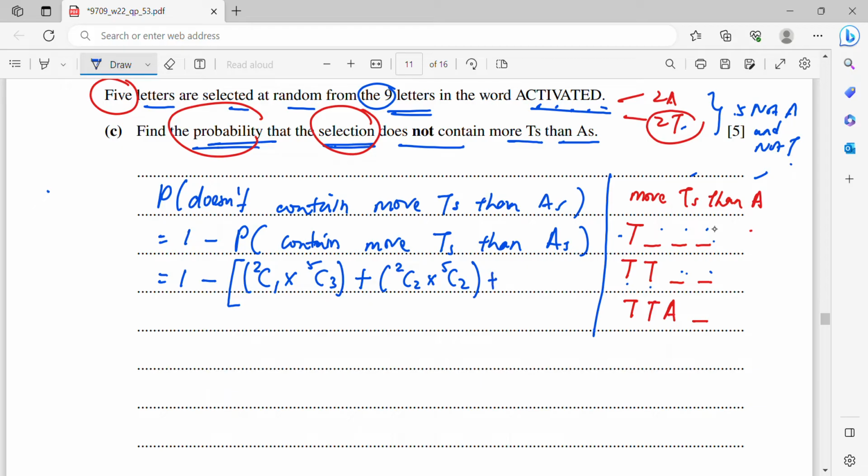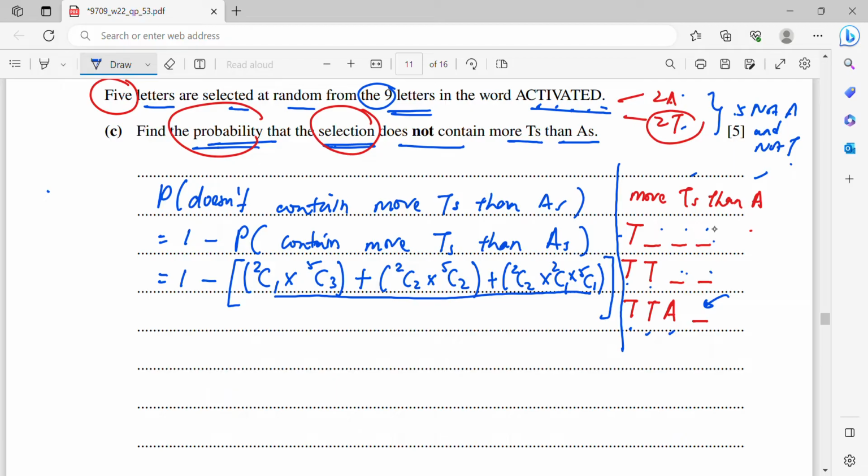Plus 2 choose 2 for the T's, and for the A's, there are 2 A's, I need to choose 1, so 2 choose 1. And from the remaining 5, I choose 1. So all these are the selections.